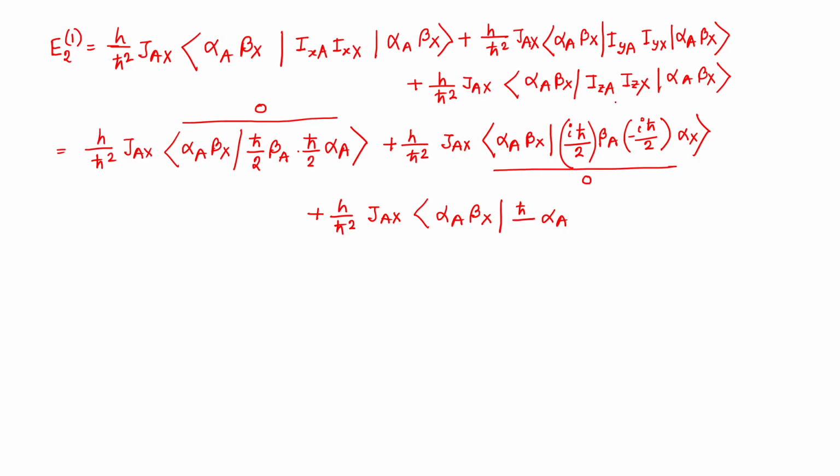So when IZA operates on alpha A, you are going to get h cut by 2 alpha A. When IZX is going to operate on beta X, it is operating on beta, so you are going to get minus h cut by 2 beta X. That's why overall you are going to get h by h cut square JAX.